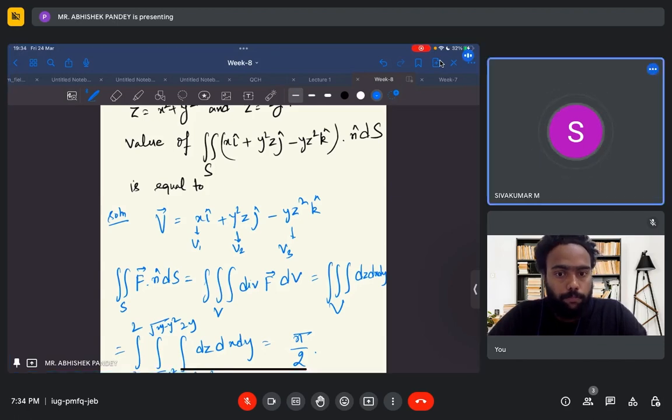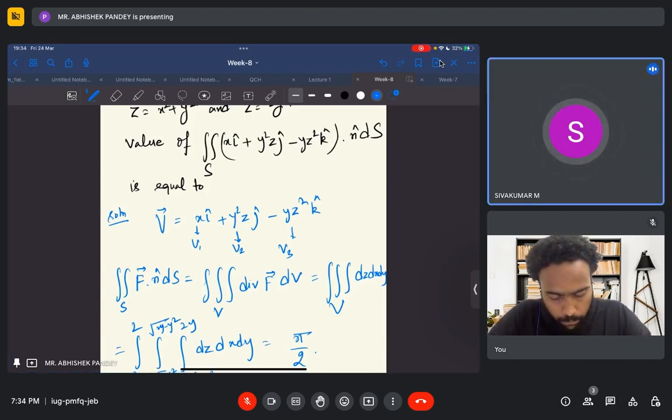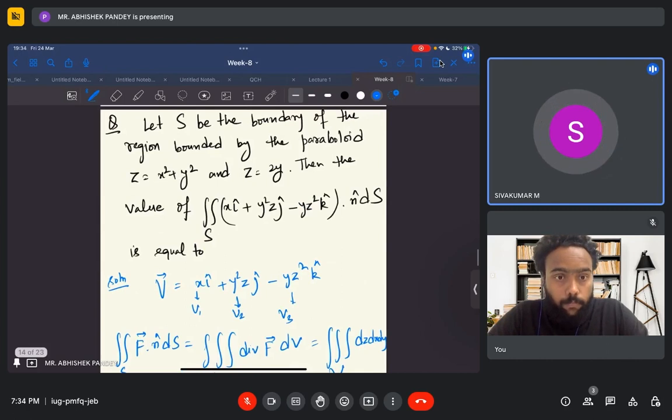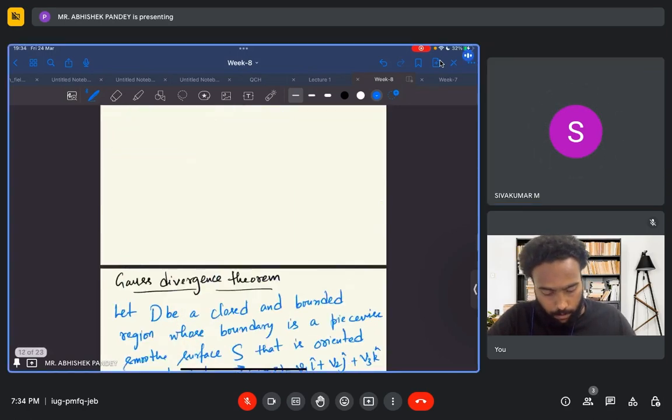On that basis. Suppose the region is a standard form, then it's okay. Suppose x square plus y square equals r square, then we can take x as r cos theta and y as r sin theta.